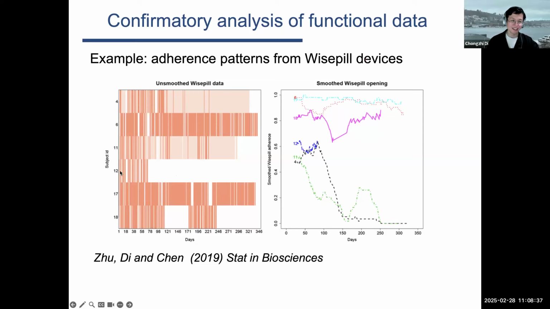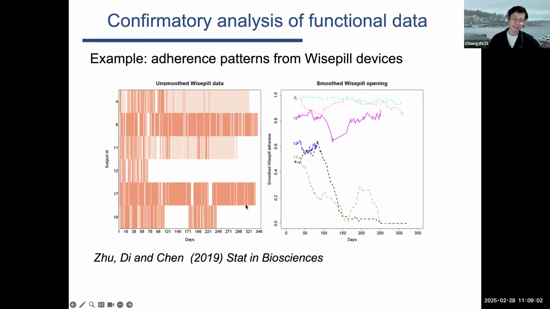And this last person's adherence level is relatively low, right? They only take pills up to about the first 70 days of the trial. Even among these days, there are many days with no pills taken or only one pill. And after about 70 days, they completely forgot to open the bottle.